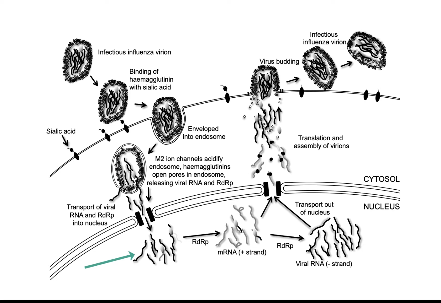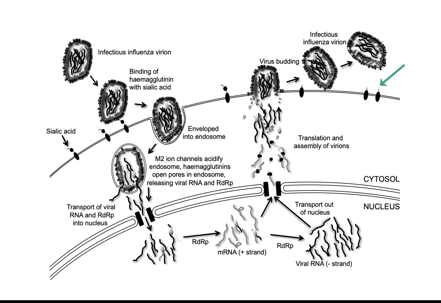And then you get the RDRP making mRNA strands and new viral chromosomes. Those then move back into the cytosol. Those are enveloped into new budding virions and eventually released from the cell.